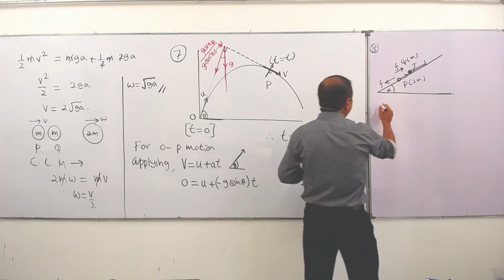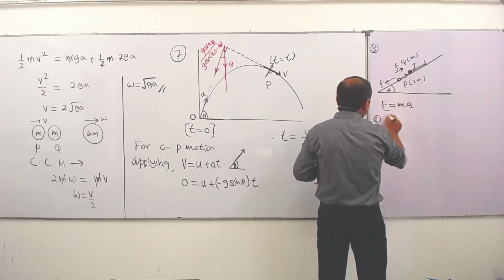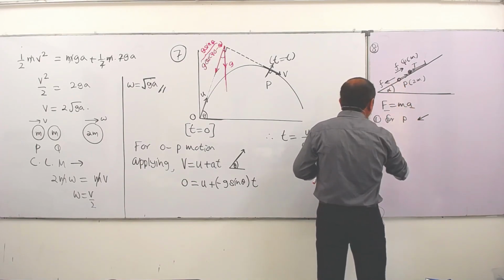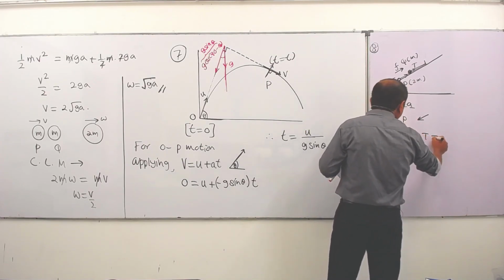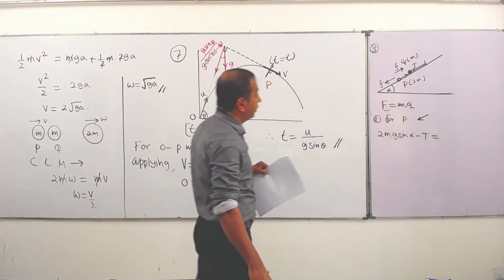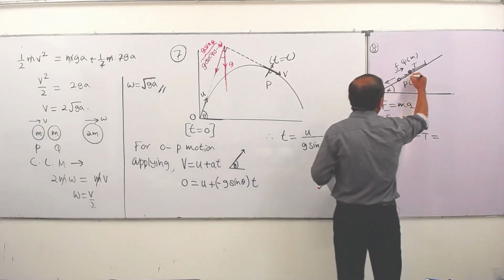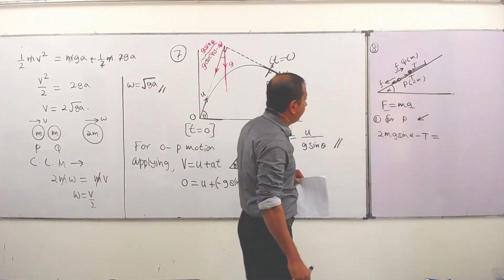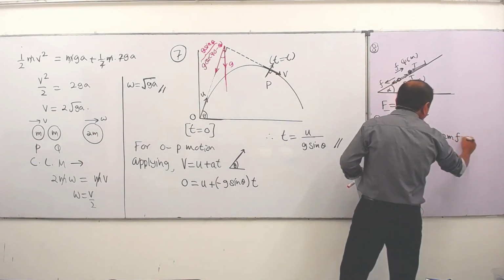Then if we apply F equals ma. Number 1, for P in this direction: 2mg sin alpha minus T, where 2mg sin alpha is the component of the weight along the incline, equals 2mf. Number 1.